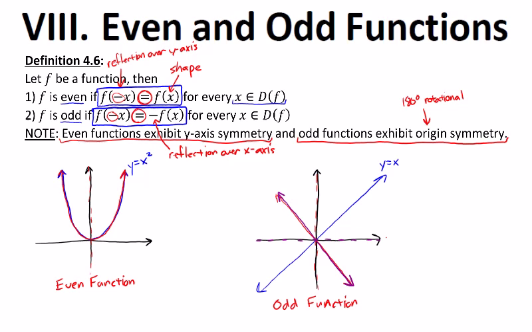So if I was to take the origin as my center point, and then I take whatever is in the first quadrant here for y equals x, if I take that and rotate it 180 degrees, notice that what I have here in the first quadrant would end up landing right on top of what I have here in the third quadrant. So that's what origin symmetry is to be interpreted as. But we can also see it from the transformation perspective as being these two reflections that are equivalent to each other.